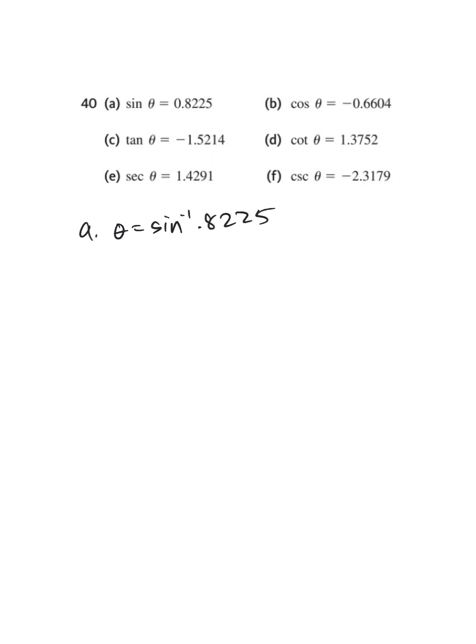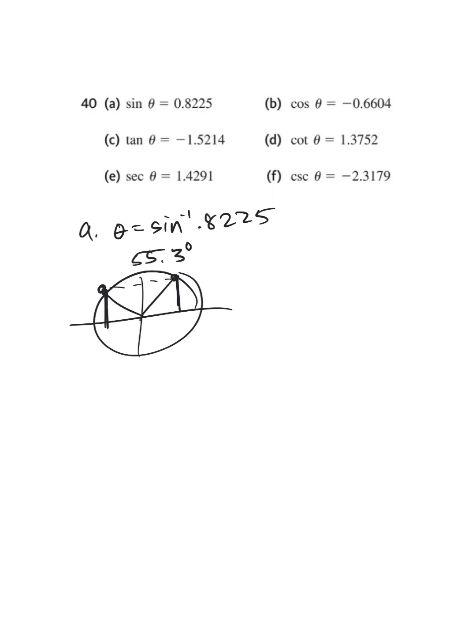So 0.8225, take the arc sine of that, and you get 55.3 degrees. This is the y value. So on the circle, the y value is the same over there. So we take 180 minus the 55.3 to figure out what that is. And you get 262.4. So those are the two answers for A.